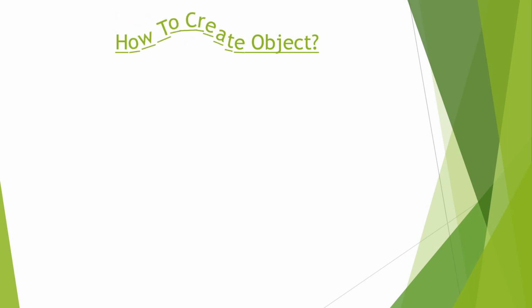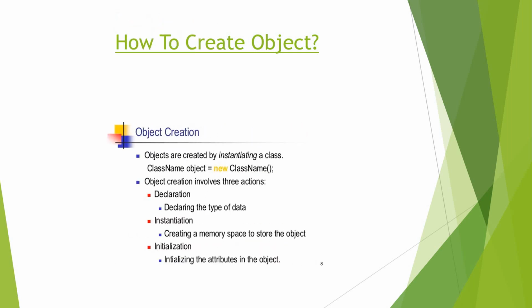Then how to create an object. In the previous slide, I told you that objects are created by instantiating a class, which is ClassName object = new ClassName(). If I ask you how to create an object, it is using the new keyword. Mark my word: using the new keyword, we are making an object in Java.